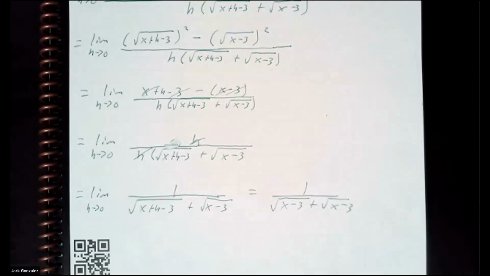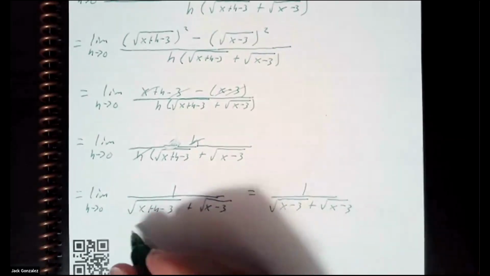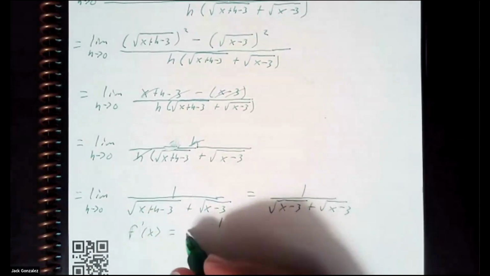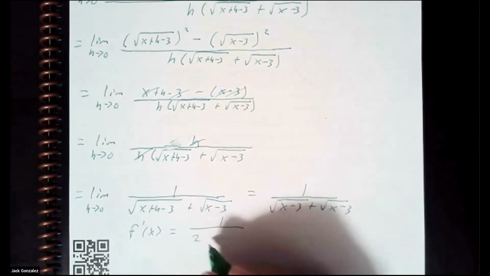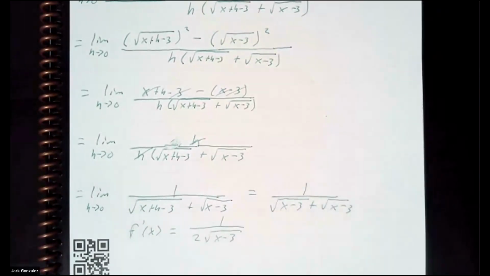Instead of h, we put 0, right? Once you take the limit, you allow h to go to 0. So the derivative f prime is equal to 1 over 2 square root of x minus 3, right? Yep.